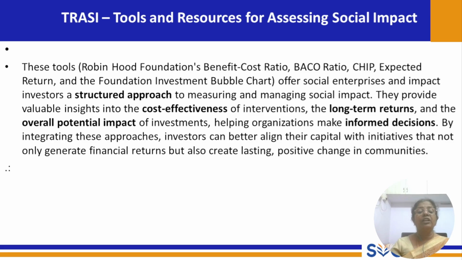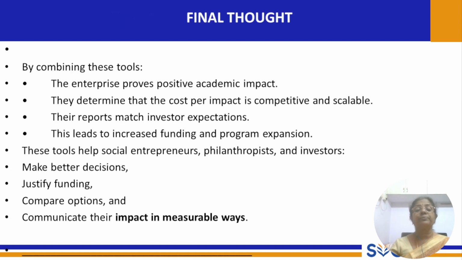They provide valuable insights into the cost effectiveness of interventions, the long term returns, and the overall potential impact of investments, helping organizations make informed decisions. By integrating these approaches, investors can better align their capital with initiatives that not only generate financial returns but also create lasting positive change in communities.